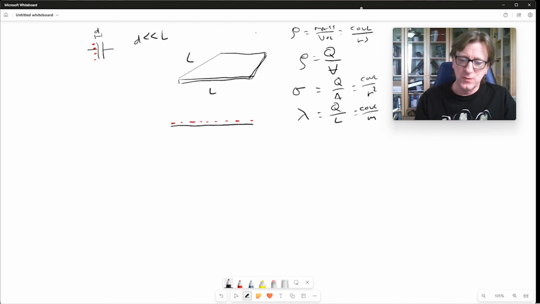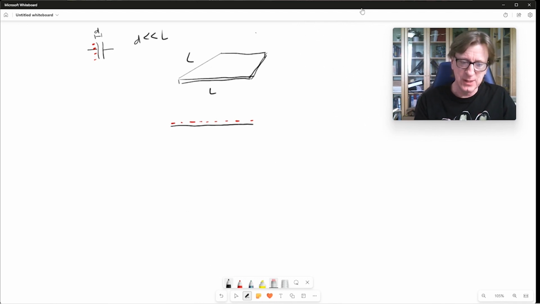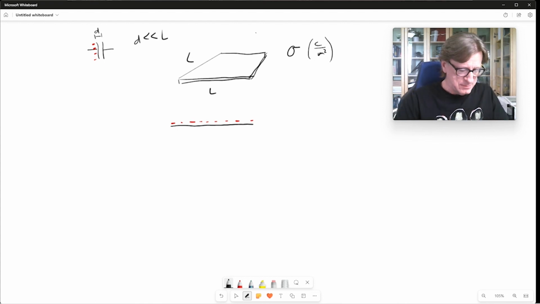All right, so for this example, let's suppose that you have been given the area charge density for this particular plate. So I know what this is. That's some value, and it's given to me, in coulombs per square meter.